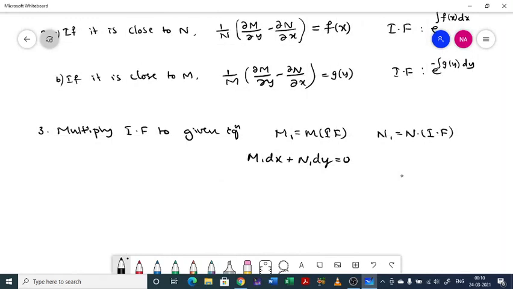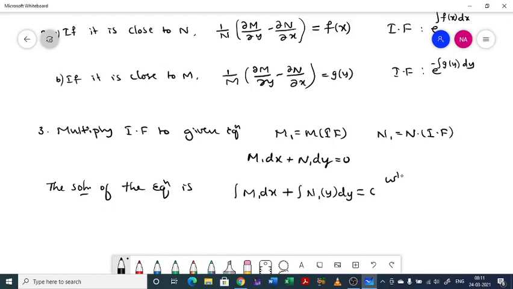After finding this, we write the solution. The solution of the equation is given by integral of M1 dx plus integral of N1(y) dy equal to c, where N1(y) denotes the terms in N1 not containing x.